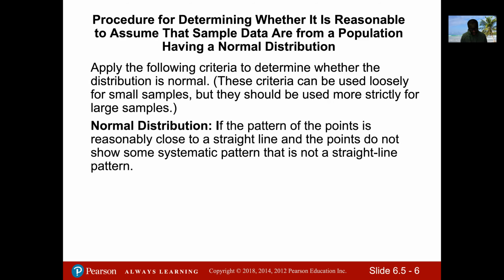Now remember, in this class, a small sample is less than or equal to 30, and if it is greater than 30, then that is considered large. So for a normal distribution, please note, the pattern of the points is reasonably close to a straight line, and the points do not show any systematic pattern that is not a straight line pattern, okay?